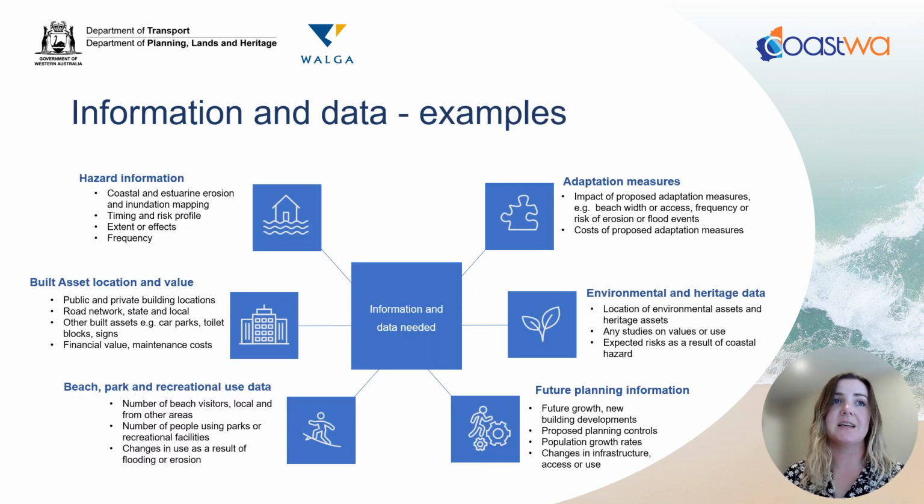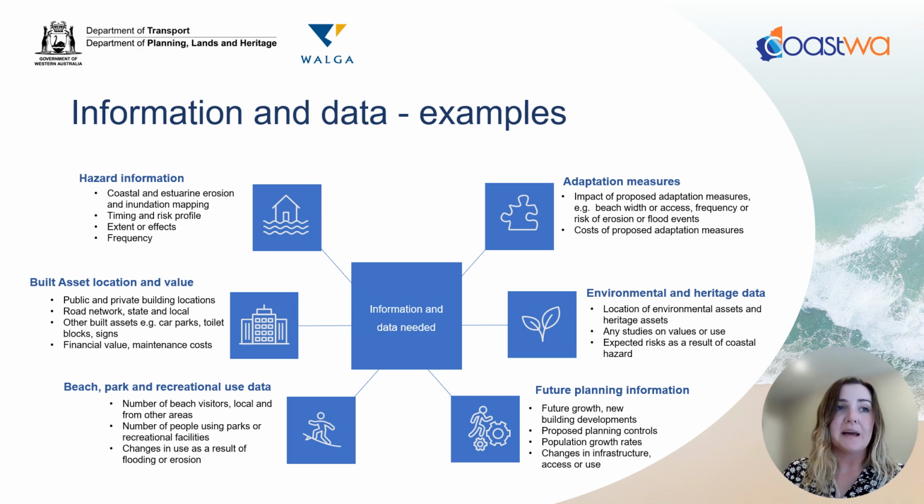To give you a bit of an understanding of what information and data you might need, I've included some examples here. You might need hazard information, that might be coastal and estuarine erosion and inundation mapping. You might need the timing and risk profile for those hazards, the extent that is affected, and the frequency of events as well is useful.